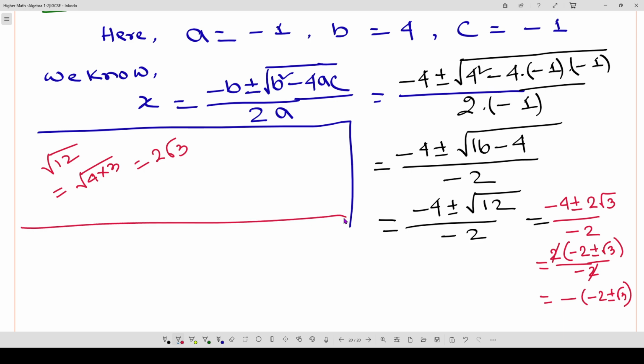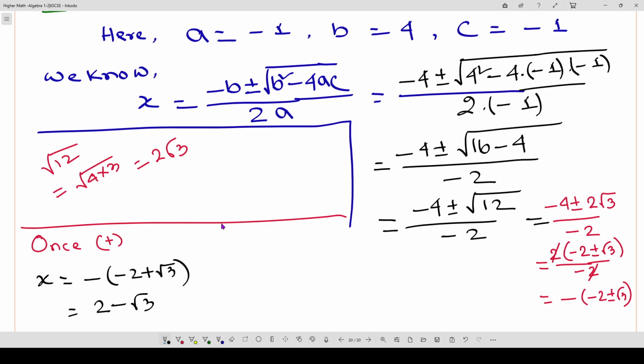So now, if we consider plus, it will be x equals minus, here minus 2 plus root 3. So minus and minus plus, so 2 plus and minus minus root 3.